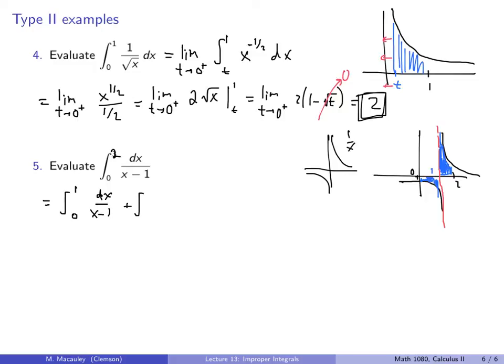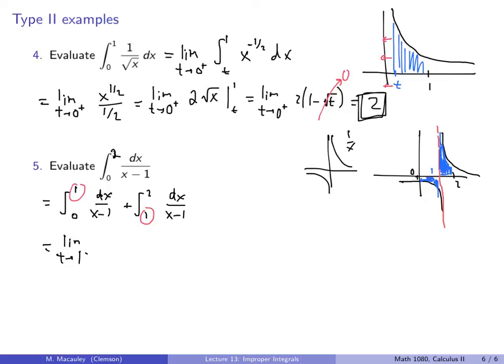Plus the integral from 1 to 2 of dx over x minus 1. So we know how to do each of these. We've seen it before. The first one is the limit as t goes to 1 from the left of, so our endpoint that is moving now is that one. So this is our problem endpoint.